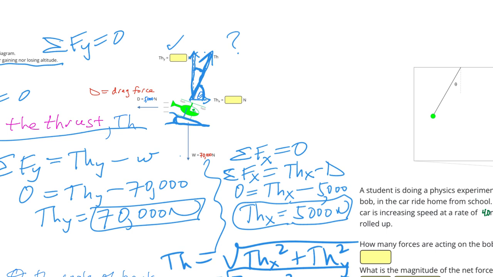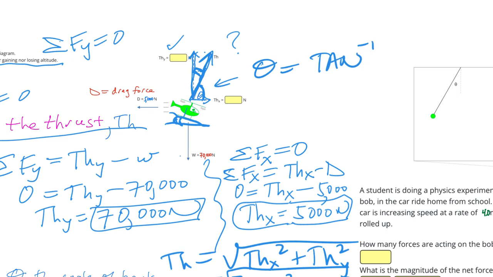So that's really what I'm looking for, the bank angle of the helicopter. So I'm gonna have to do some trick. I can find this angle theta, and then I can subtract it from 90 to find the bank angle right there. Again, the bank angle is the angle up here. Okay, so find that angle theta, then subtract from 90.